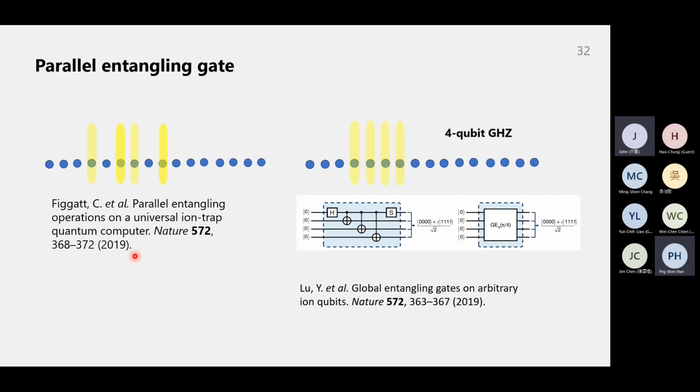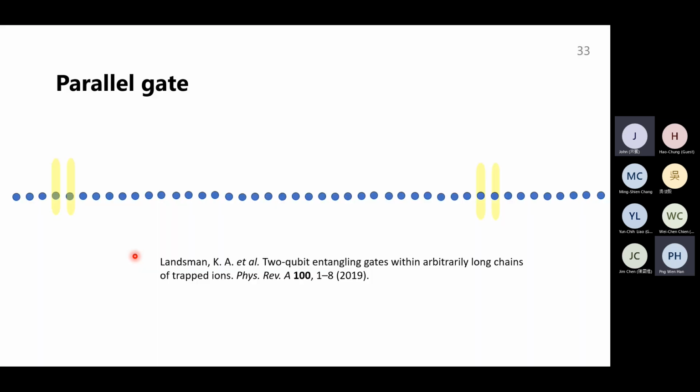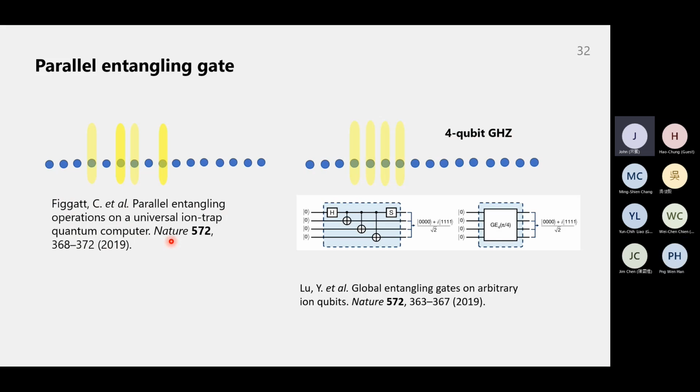Would there be any reason why that would be advantageous? I think you should look at this in the direction of designing a quantum circuit, because what they are showing here is that we have these flexibilities in designing a circuit.